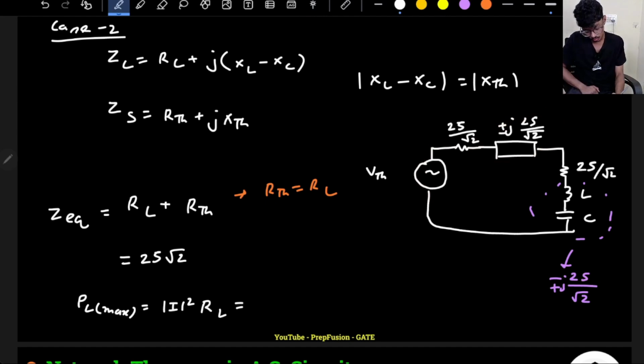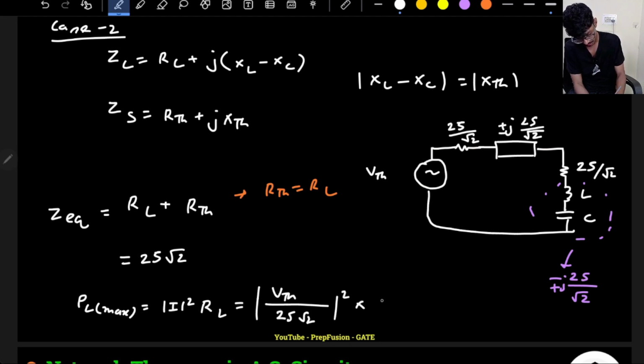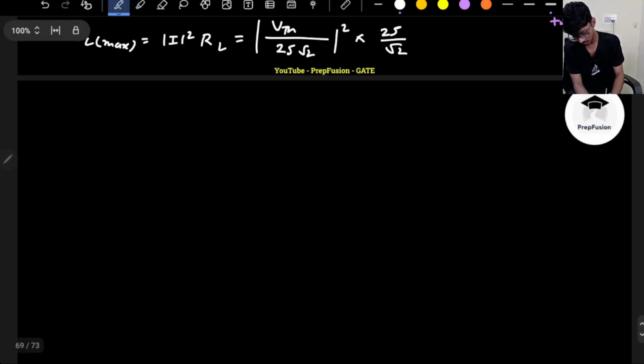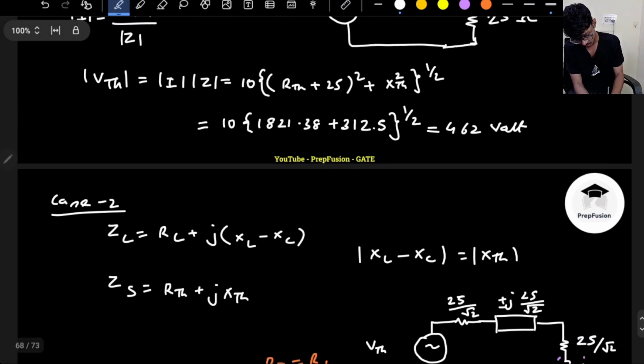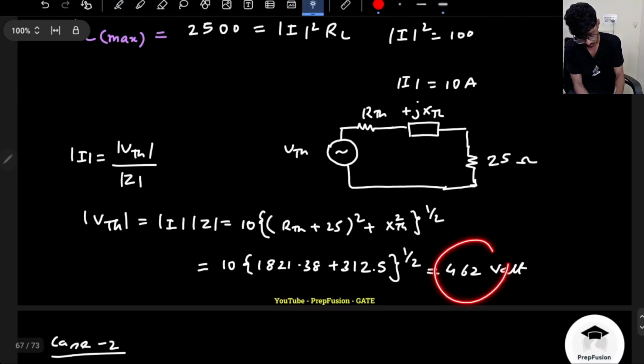So what will be the current? Current will be VTH by 25 by root 2 plus 25 by root 2, the magnitude whole square into RL. RL is 25 by root 2. Magnitude of VTH we have already calculated, 462.